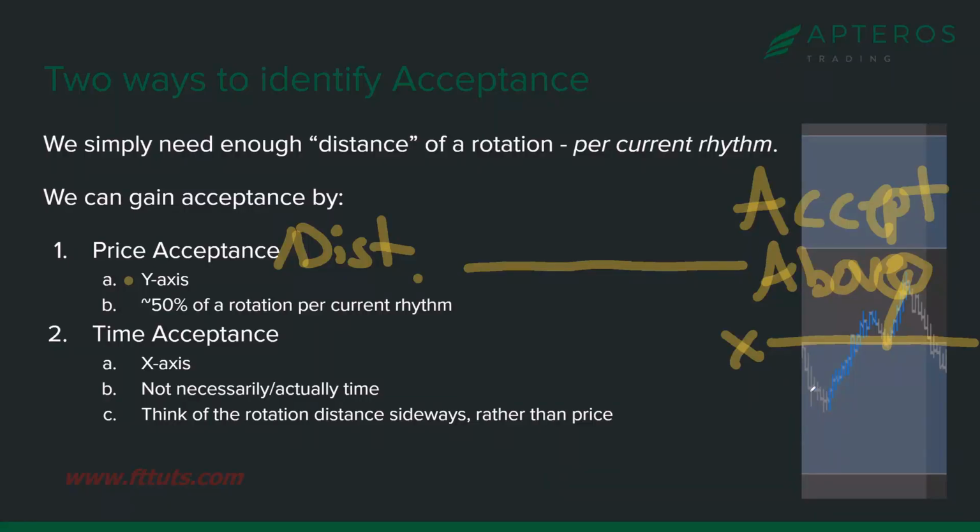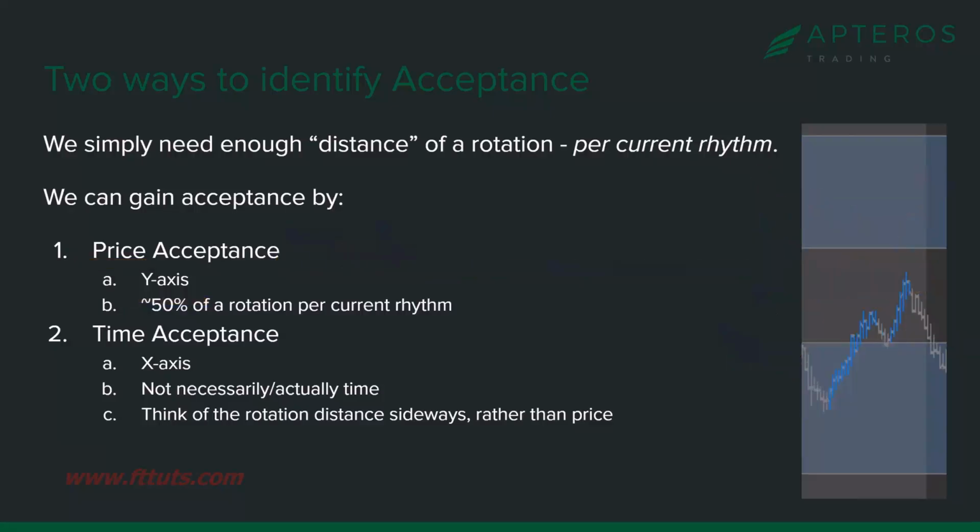During this section down here, we could say price has gone far enough below, distance-wise, price-wise, y-axis-wise, to say that we are accepted below. And how far is far enough? The answer is roughly 50% of your read on the current rhythm.